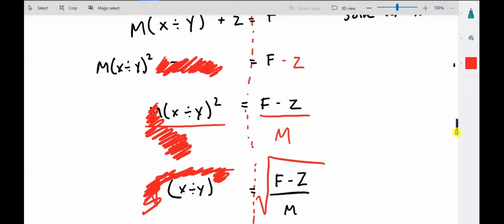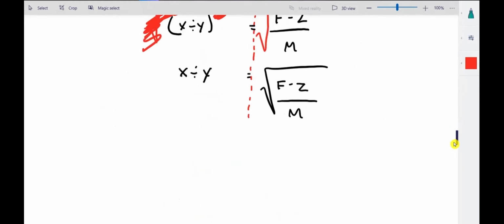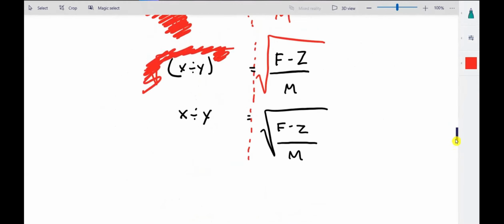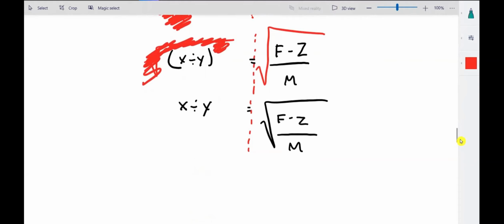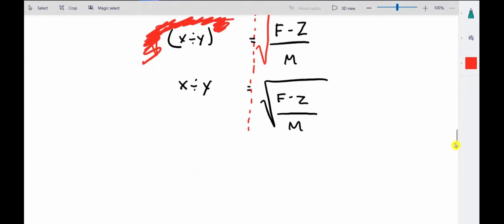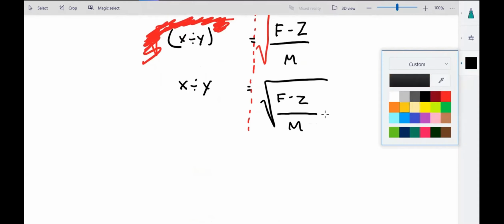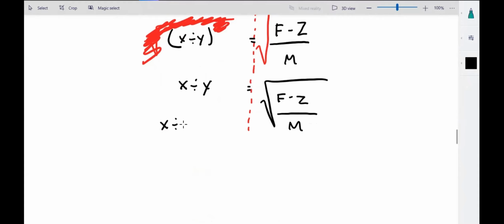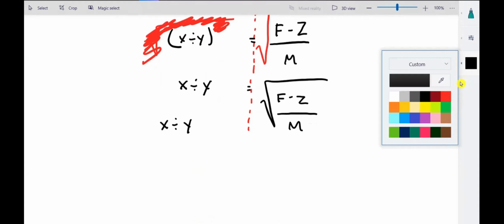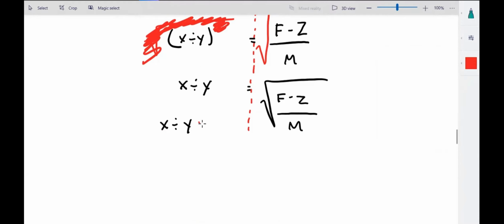We are so close. Now, remember, we put a pin in that x divided by y because it was locked. It was locked by that exponent. It was locked by the parentheses. Those are gone now, so we can take care of it. We have x divided by y. The opposite of division is multiplication. I will use the multiplication symbol here, but I'm going to use it tiny.